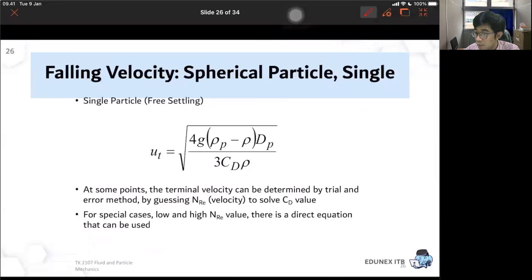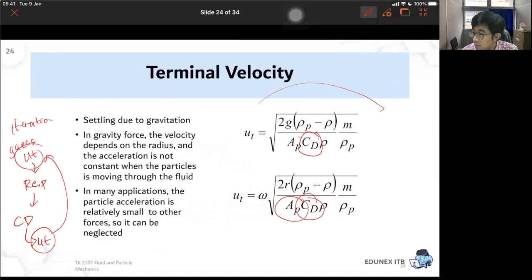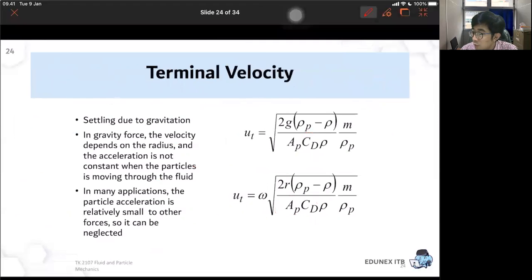But now we will discuss first the single particles. Previously we have this equation, right? Let me clear this up. Okay, we have AP and we have M. M is the mass of the particle. AP is the area.